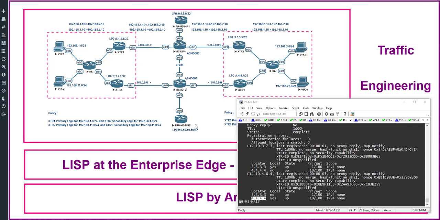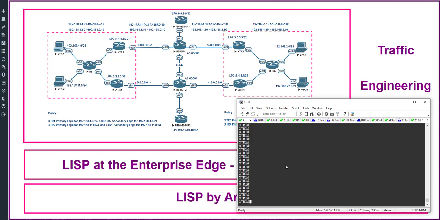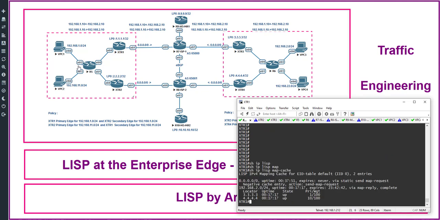Okay, now if you want, you can check the XTR1 map cache with show ip lisp map-cache. Here, as you can see, because we send traffic from VPC1 to VPC3, we first need to learn about the RLOC for 192.168.20.0. When XTR1 asks router 9 or router 10, the map resolver, it received this information: to reach this EID, you can use quad 3 with the priority of 1 and quad 4 with the priority of 10.